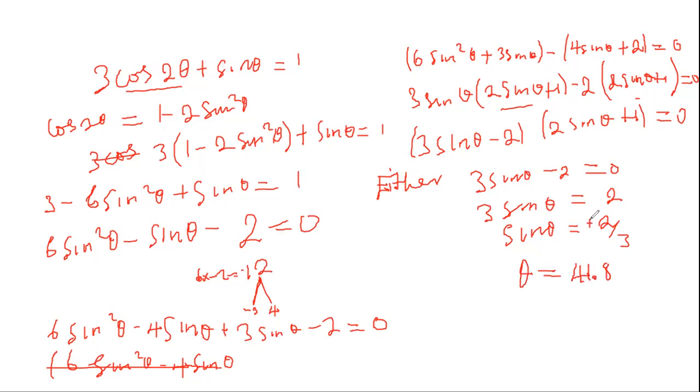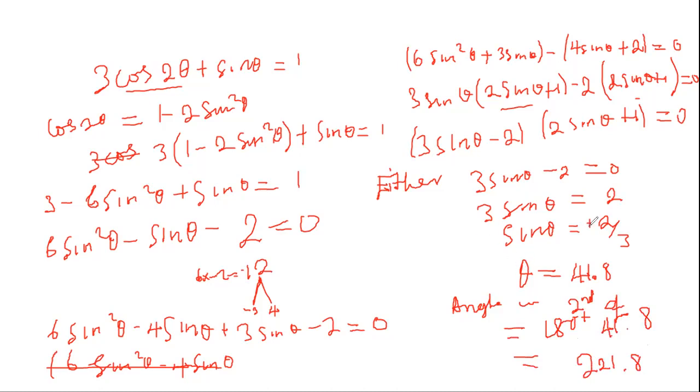Because sine here was positive, we are going to get angles in the first quadrant, which is already here, then another angle in the second quadrant, which should be 180 plus 41.8. So this will give us 221.8. So that would be for one value of theta.